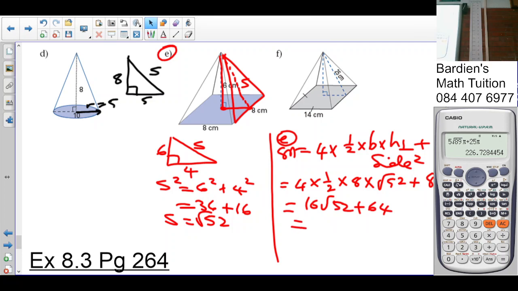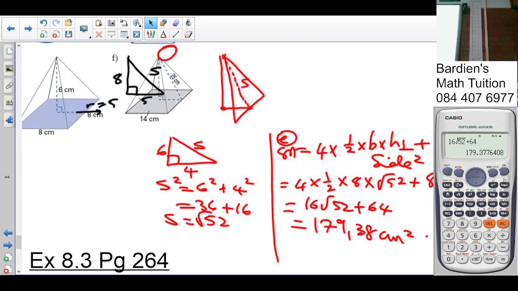That gives you 179,38. Is that correct? 179,38 centimeters square.